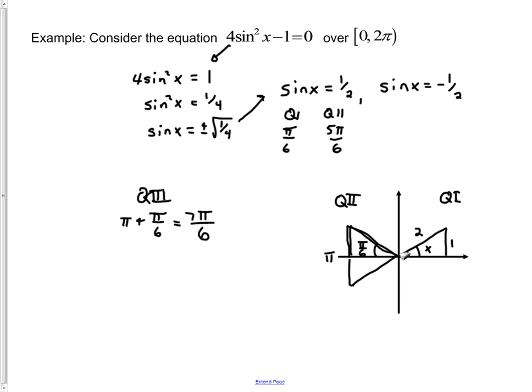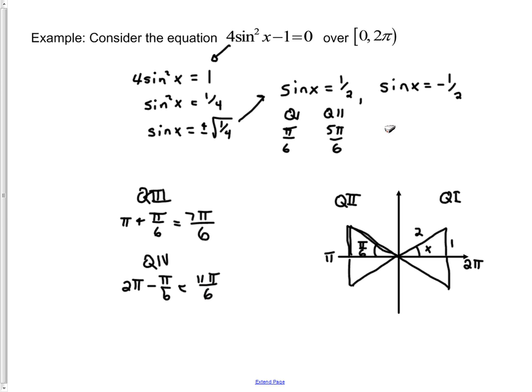And as far as quadrant 4 is concerned, if we use pi over 6 as our reference, this time we compare it to 2 pi. So in quadrant 4, to get our angle, we're going to take 2 pi minus pi over 6 as our reference angle. And this will give us the value of an angle between 0 and 2 pi whose sine would be negative 1/2. And in this case, that turns out to be 11 pi over 6.